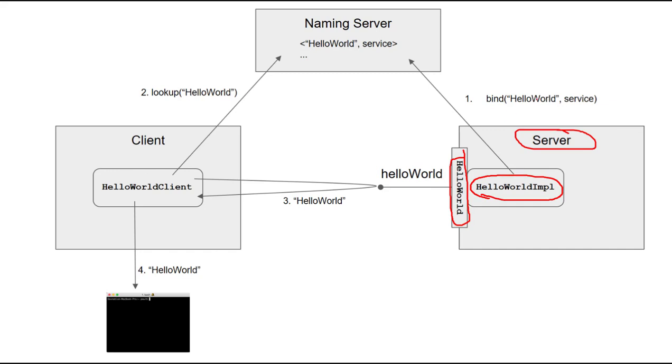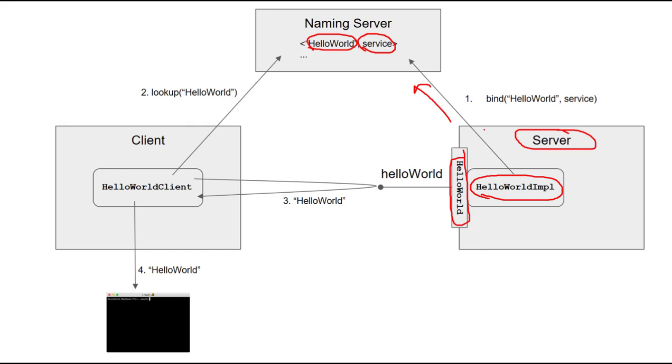What we want to do first of all is bind this service within the registry. So what you end up with is a way to look up a particular service. In this case, the way to look up is the string hello world, and you also place in the registry a stub that can be used by the client in order to make the remote invocation.